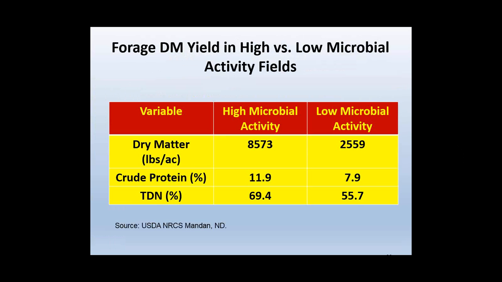High stock densities that can rapidly build soil organic matter and soil microbial populations are going to be stock densities that are in excess of 200,000 pounds per acre. Now, it does not mean that we have to do that year-round, but it means that at least at certain periods of the year, we need to hit every acre, or at least a certain number of acreage each year on each farm or ranch, with the higher stock densities.